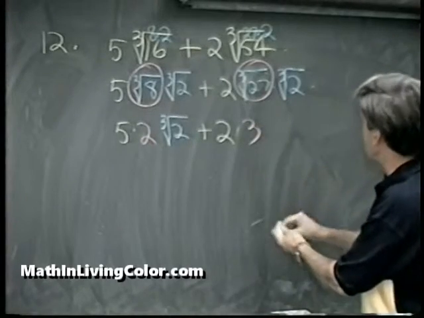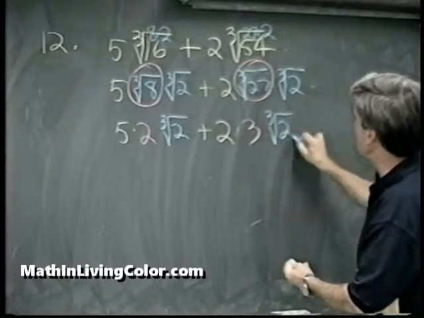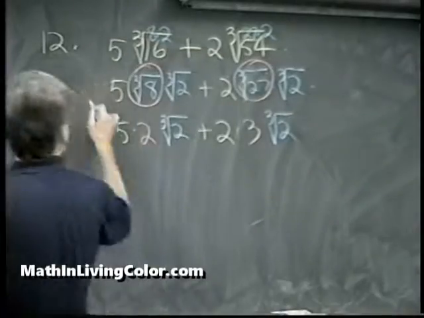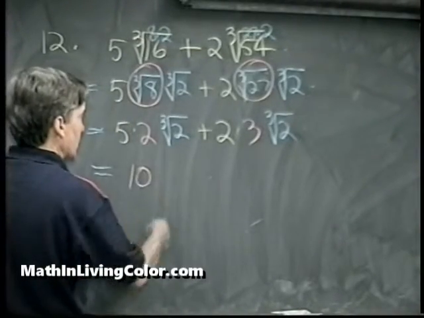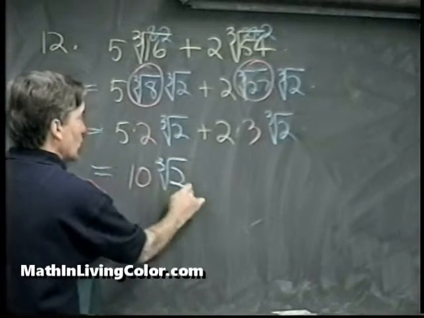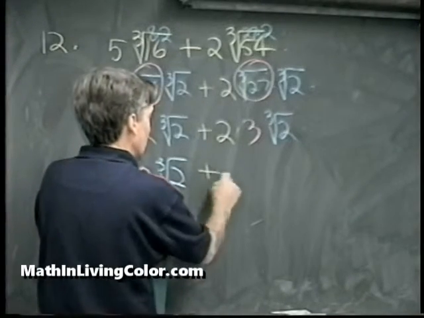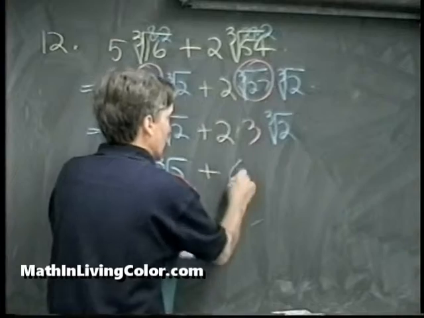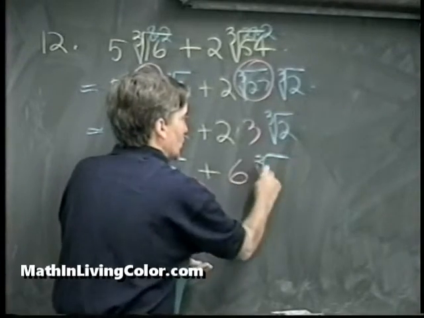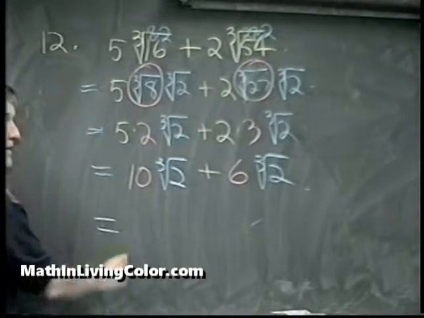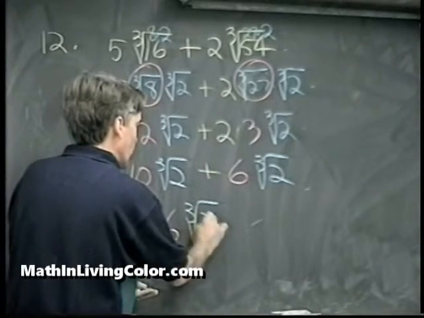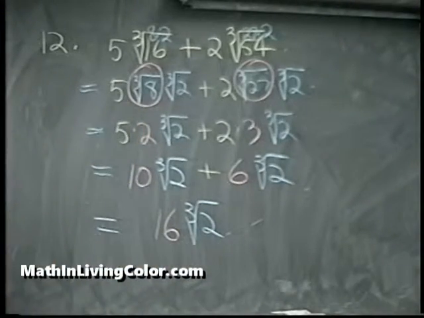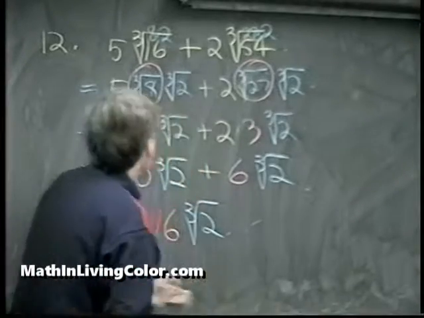And then times the cube root of 2. Now what? 10 times the cube root of 2 plus 6 times the cube root of 2, which would be 16 times the cube root of 2. Okay? Any question on that? All right? Good.